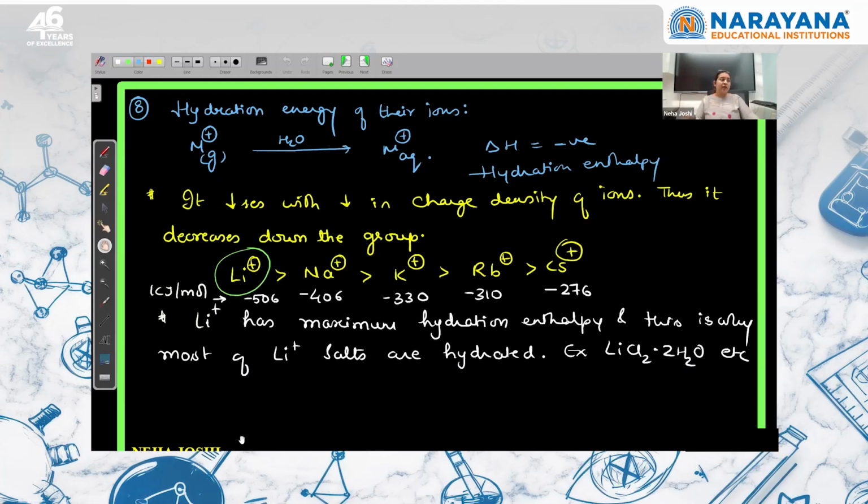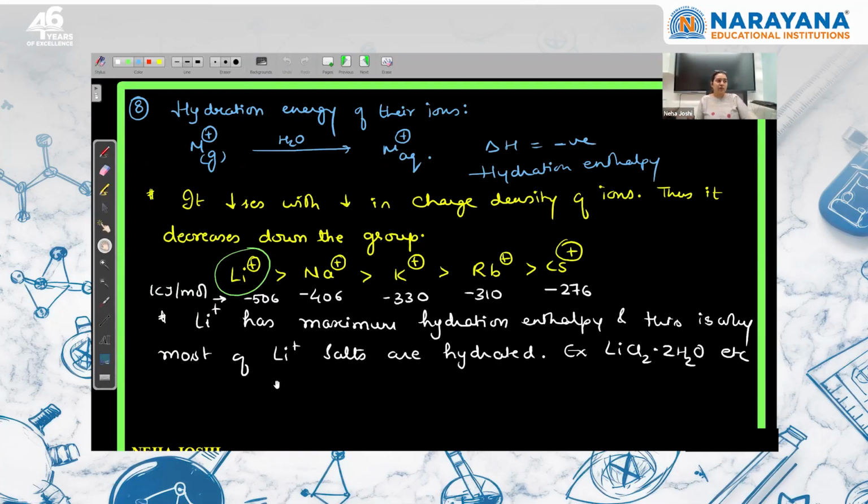Lithium here is, I would say, important, you should take a note of it, that due to its diagonal behavior and small size, most of its salts remain hydrated like this, which is not the behavior of the entire first group.